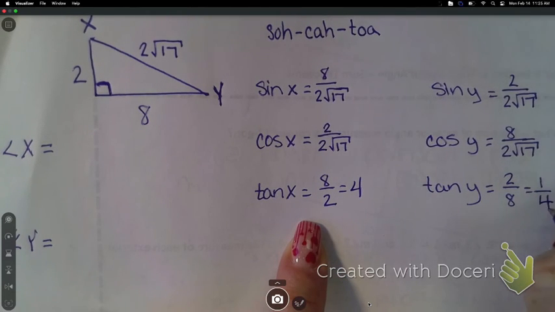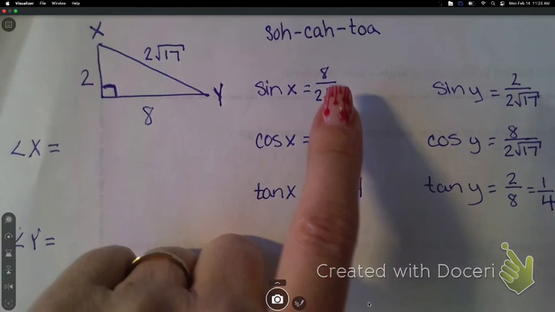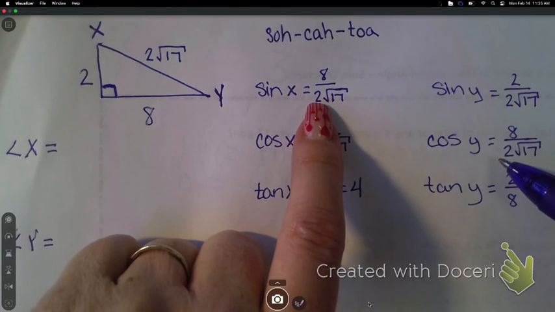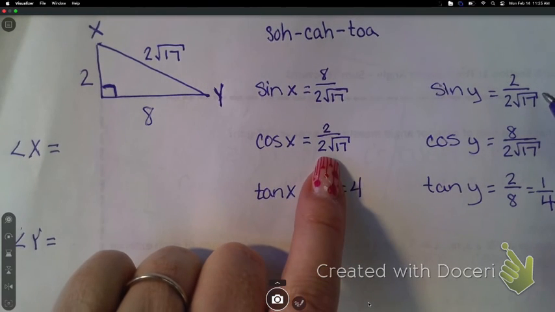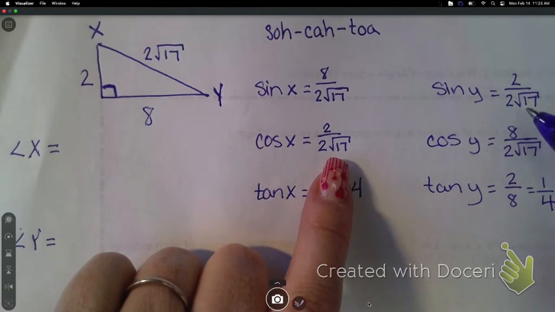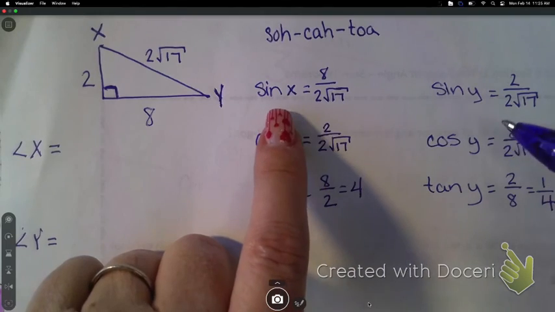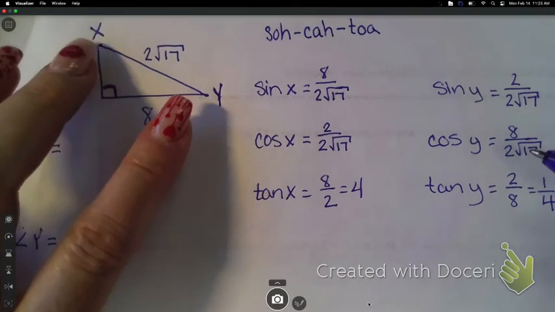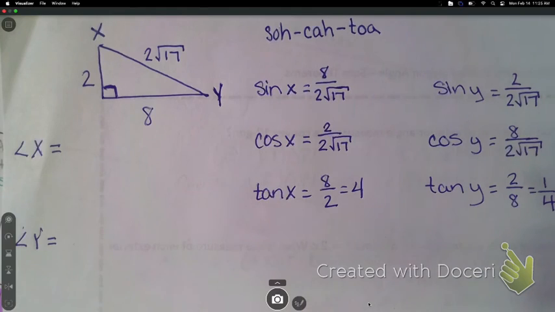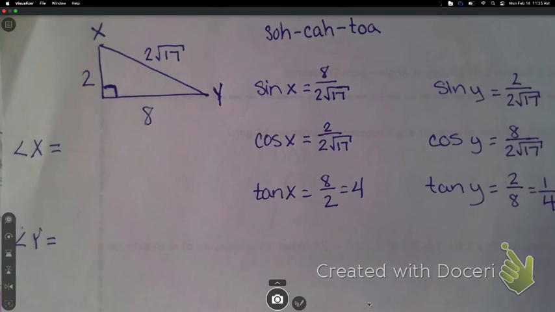What do you notice about the sine of X and the cosine of Y? They're the same. What do you know about the cosine of X and the sine of Y? They're the same. Sine and cosine are called cofunctions. And what do you know that the sum of X and Y is? If I add X plus Y, what does it have to equal?